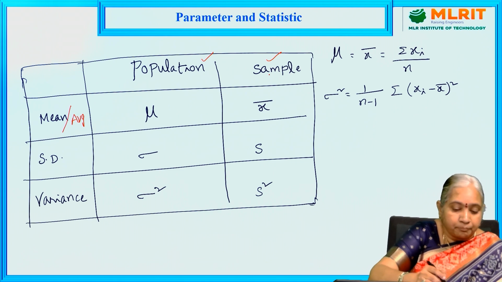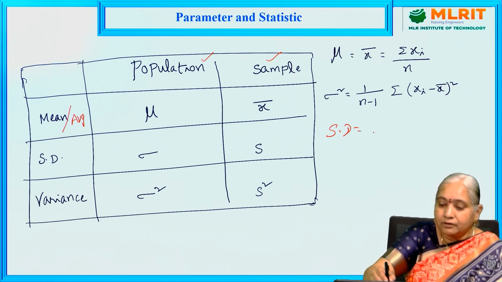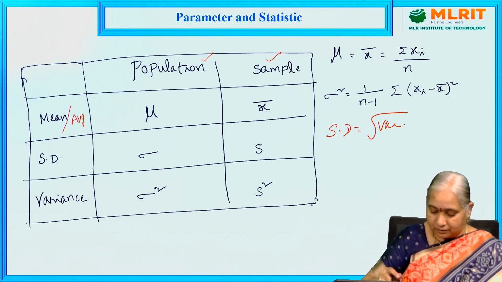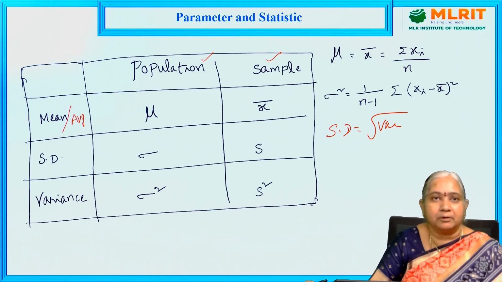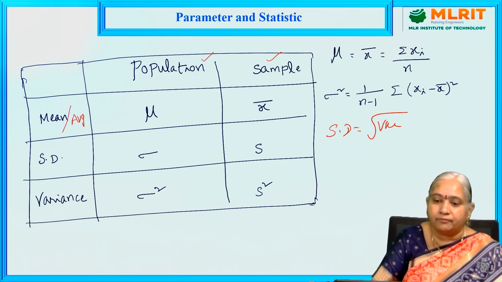That means standard deviation is the square root of the variance. So these are the statistical measures in population and sample, but the formulas to calculate the mean, standard deviation or variance are the same.